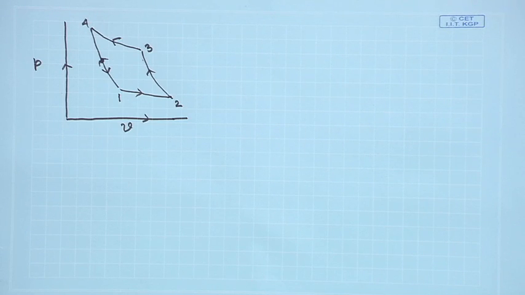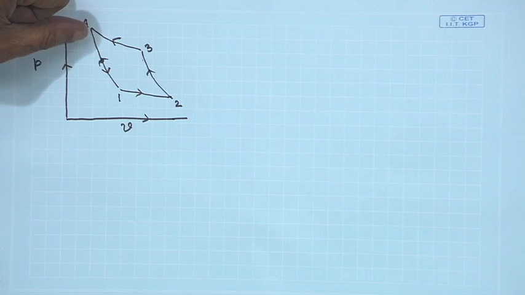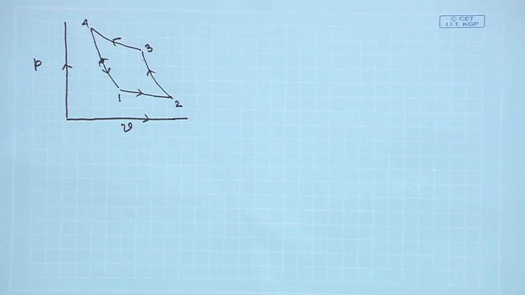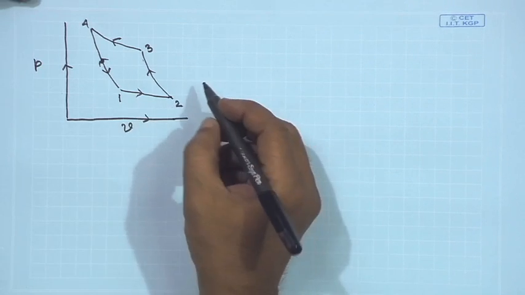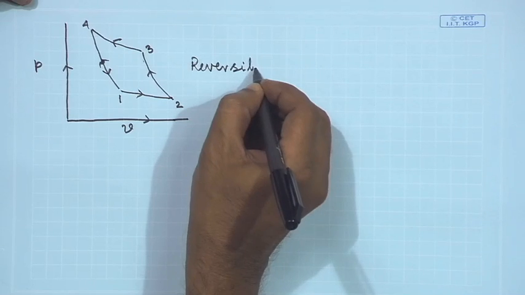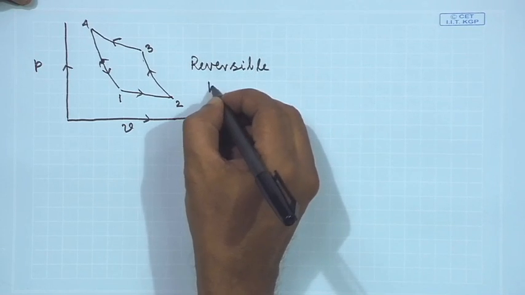So, 3 to 4 there will be another isothermal process, and finally, the cycle will be closed with the final process, that is 4 to 1, which is again an adiabatic process. So, by this we are getting a reversible heat pump cycle.